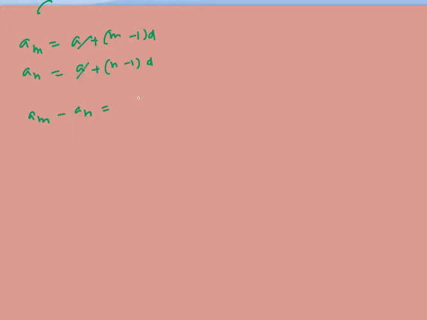Then you will get m minus 1 from the first, and then n minus 1. Be very sure to put the bracket, and d is taken common; the minus 1 and plus 1 will get cut. So what you arrive at is this relation. I am talking about this as a very important tool.